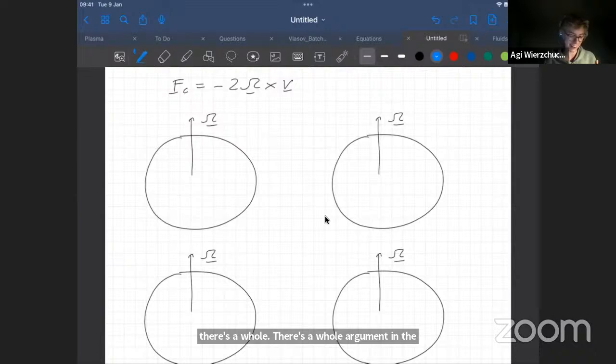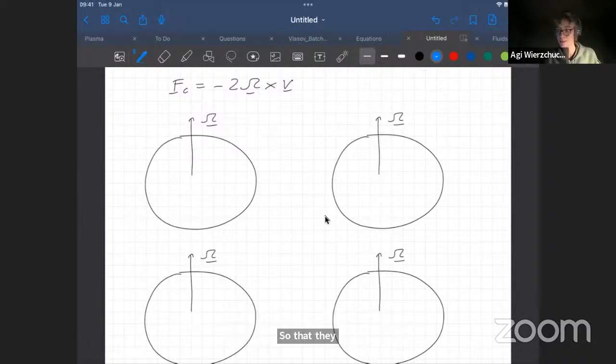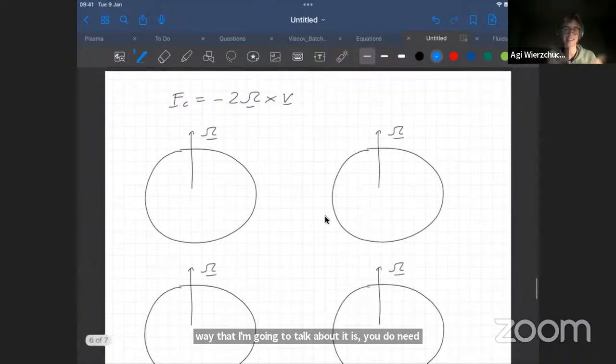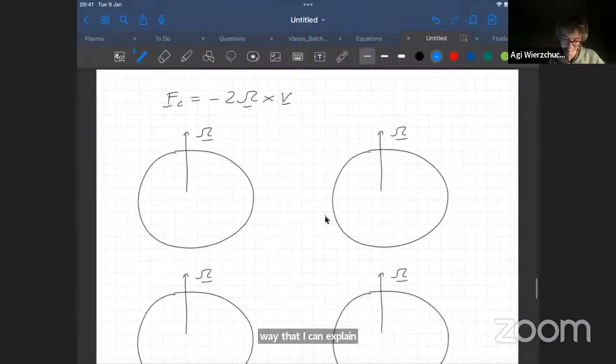I disagree with the answer that they give, because I'll show why the solutions are wrong as well, because there's a common misconception that I actually made when I was doing a course which talked about these forces. So the way that I'm going to talk about it is, you do need this extra information, but I'm afraid that's the only way that I can explain it. Anyways, I'll just get on with it, and if it doesn't make sense, I'll talk to everyone.